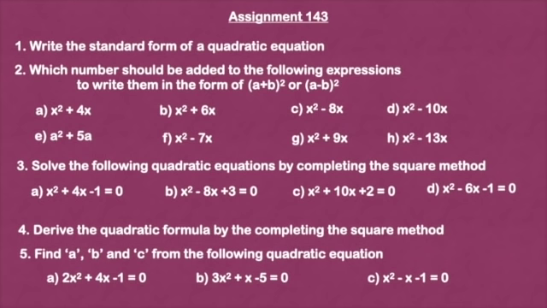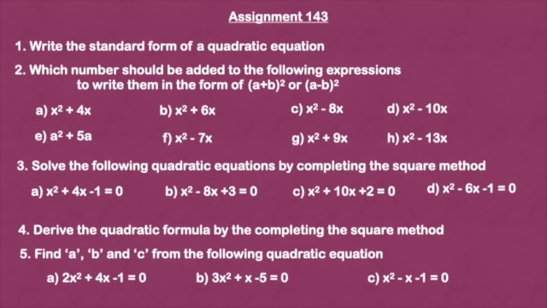First one is x square plus 4x. B is x square plus 6x, C is x square minus 8x, D is x square minus 10x, E is a square plus 5a, F is x square minus 7x, G is x square plus 9x, H is x square minus 13x.